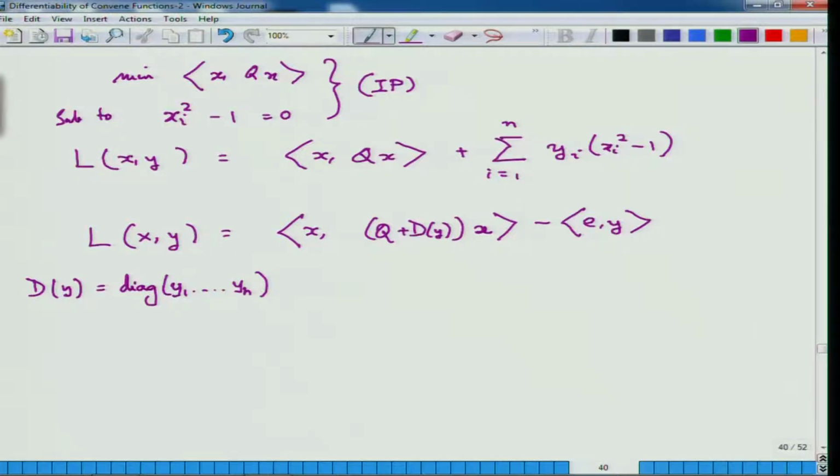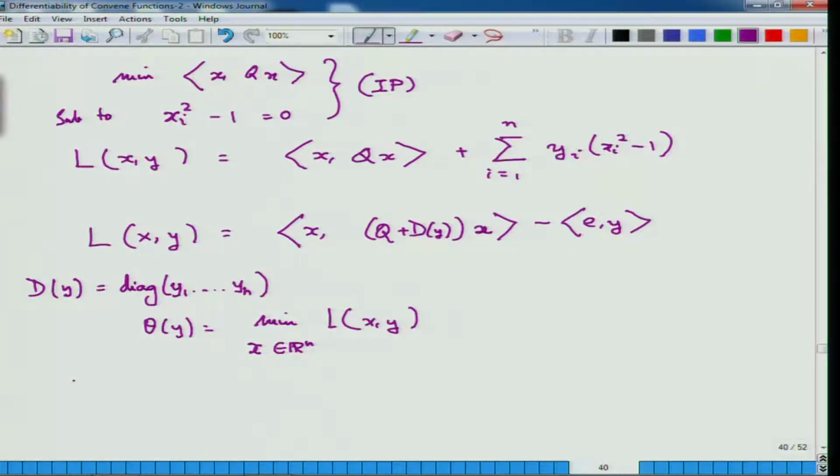Now, if I want to find the Lagrangian dual of this problem, what I have to do is find theta(y), which is to minimize L(x,y) over x in Rn. Now, if you observe that this minimum value is always greater than or equal to 0 for every x, it means this matrix is positive semi-definite.